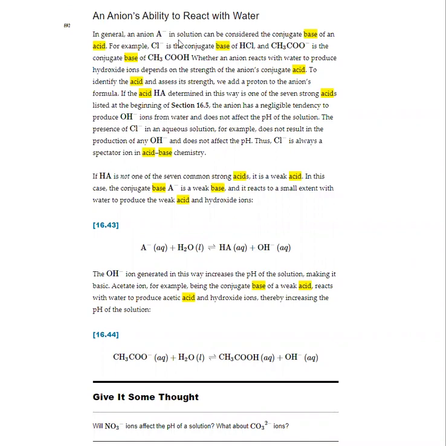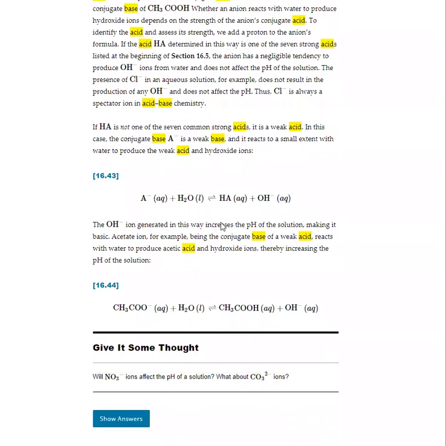So if Cl in HCl is the anion, then A in HA is the anion as well. If HA is a strong acid, then A is a very, very, very weak base. Remember, strong acid, weak base; strong base, weak acid. It's opposites.